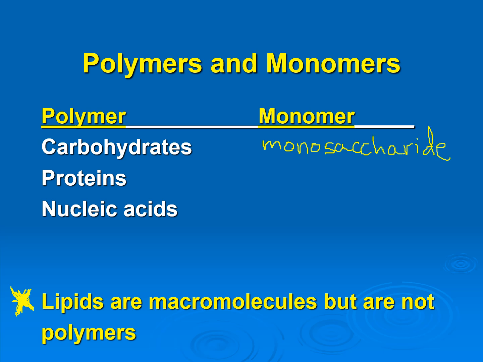For proteins, their monomer would be the amino acids. And for nucleic acids, their building block or monomer is called a nucleotide. I would know the name of the polymer and the name of the monomer that makes up that polymer, because that's a pretty easy test question.